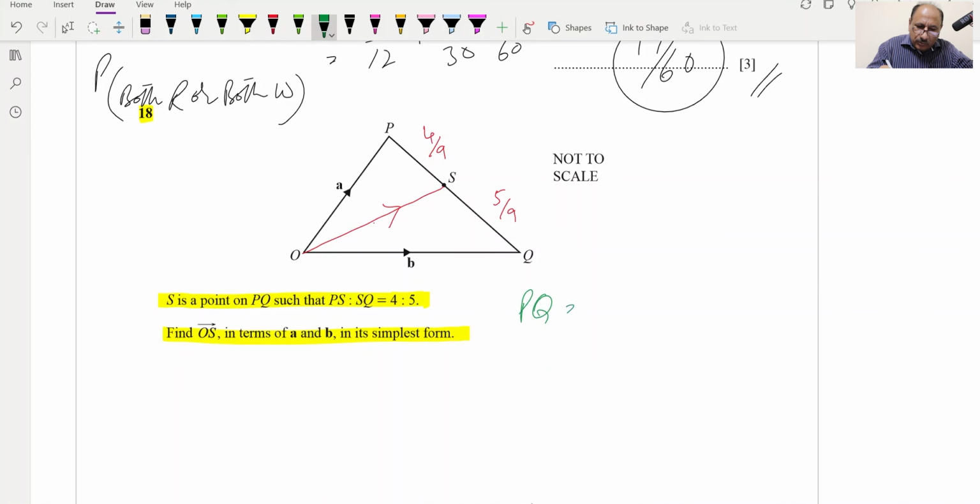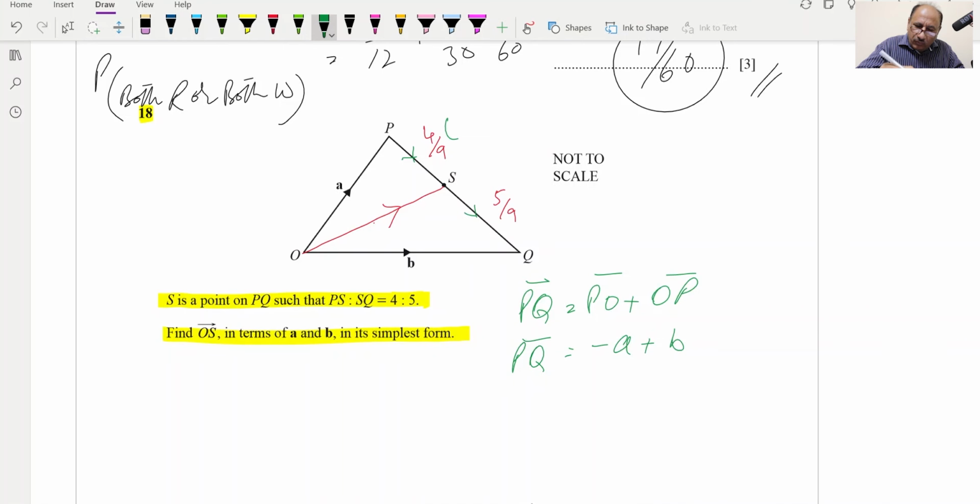PQ vector direction also we can show. PQ is equal to PO plus OQ vectors. So this will be PO is minus A and plus OQ is B. So we can write PQ is equal to minus A plus B.